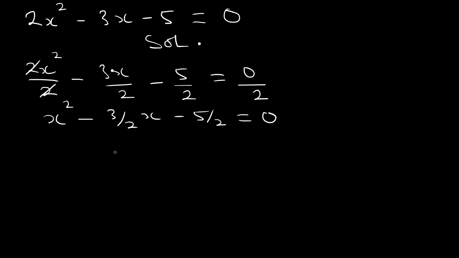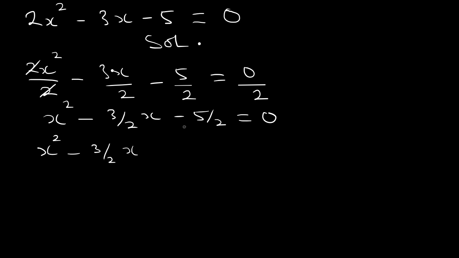Now the next thing we'll do is to move the constant term to the right hand side, so that we have only terms with x at the left hand side. So we'll have s squared minus 3 over 2x.